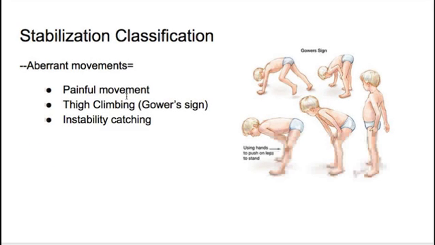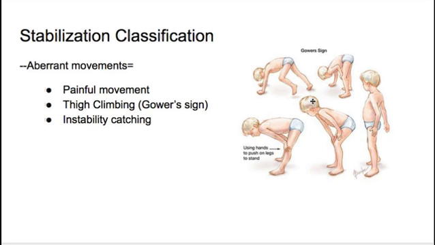So first, an aberrant movement. Typically, it's a click or a deviation from a smooth transition forward, and then they may illustrate something called a Gower sign, which we can see here to the right, when returning from flexion to an upright position and standing. And what they may do is put their hands on their knees so that they can push their back up, and that's a positive Gower sign.